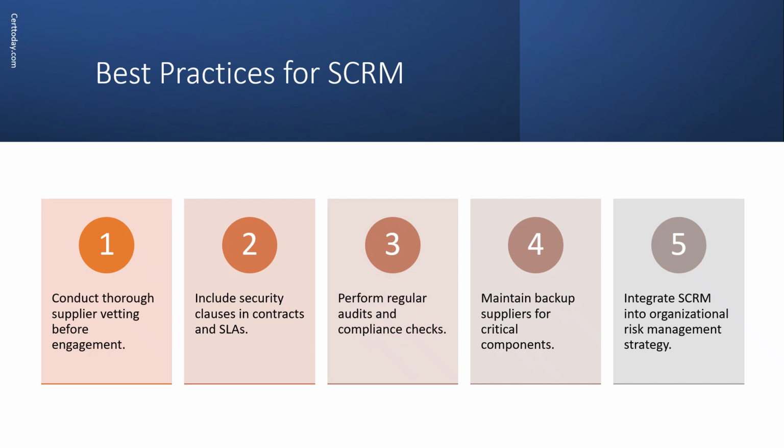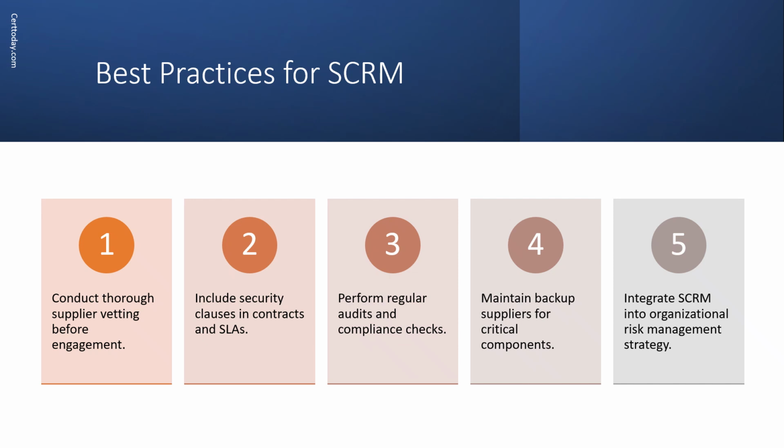To reduce the impact of disruptions, it is critical to maintain backup suppliers for critical components, ensuring business continuity in case of failures, shortages, or geopolitical issues. Finally, organizations should integrate SCRM into their overall risk management strategy, aligning supply chain security with enterprise-wide policies, governance frameworks, and incident response plans.